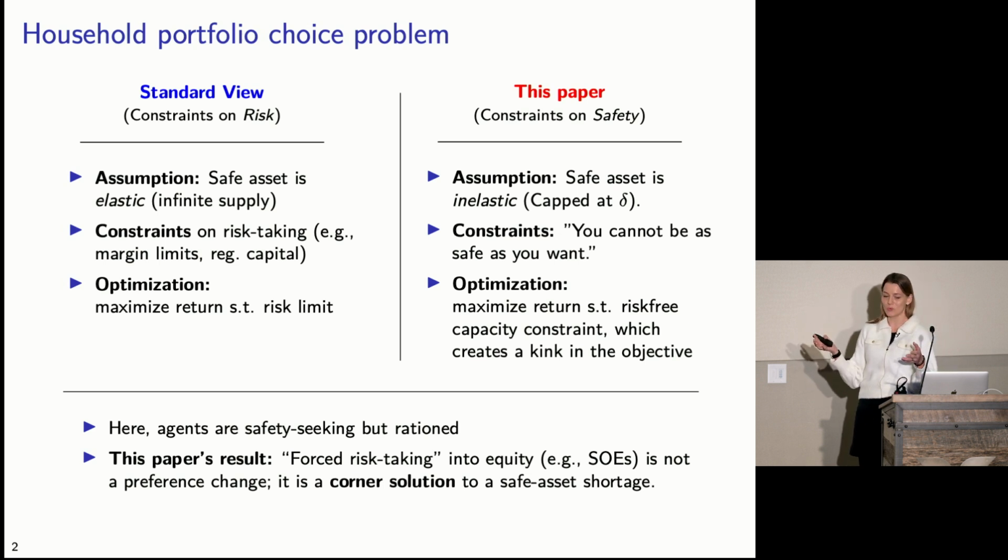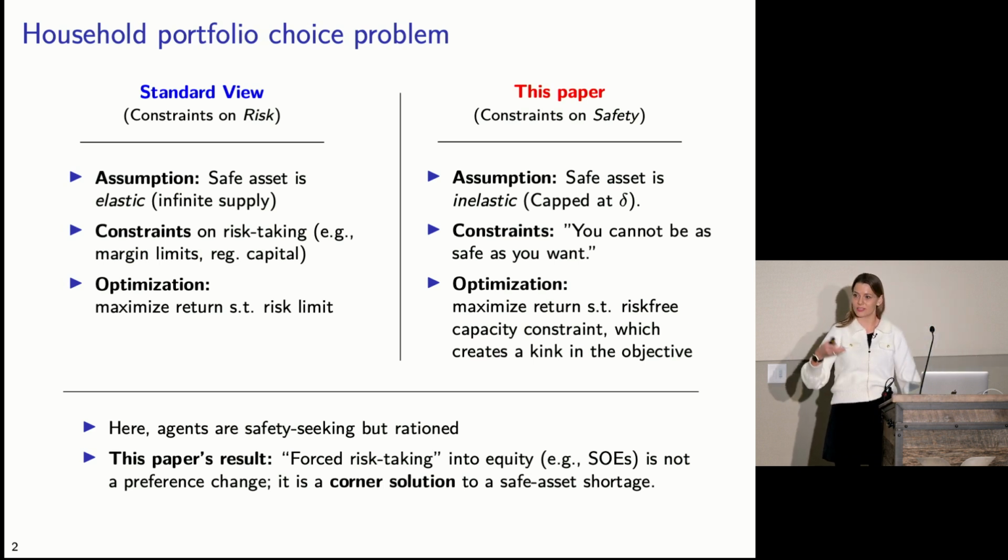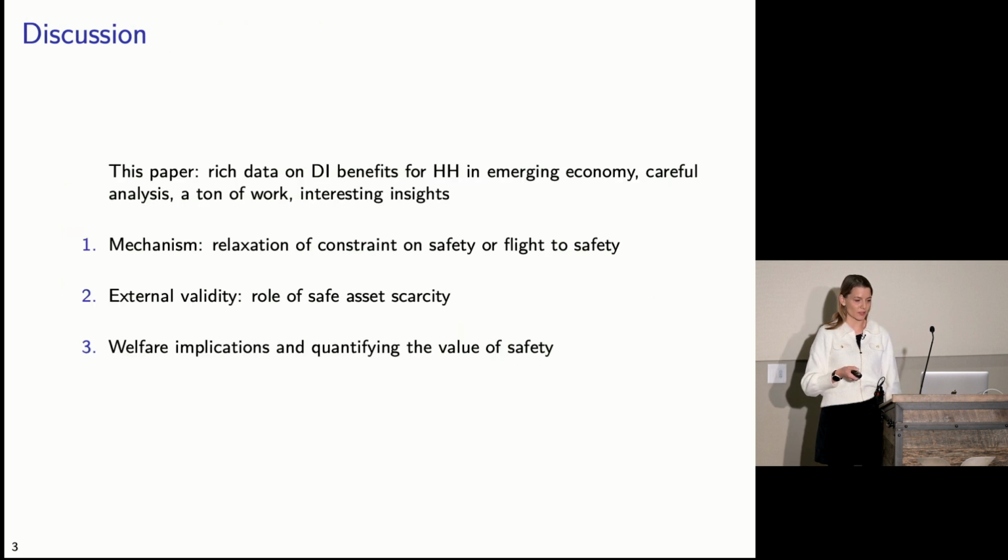You cannot be as safe as you want, and therefore you have a weird optimization that takes into account this kink in the objective function. So the safety-seeking investor here is rationed, and that leads to forced risk-taking, resulting in a corner solution as a result of the safe asset shortage.